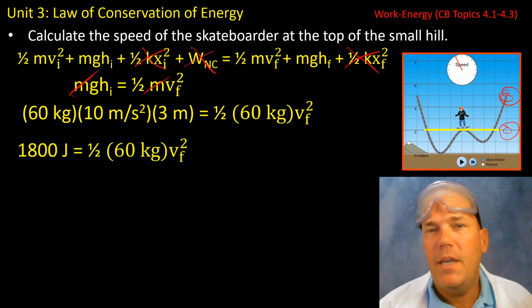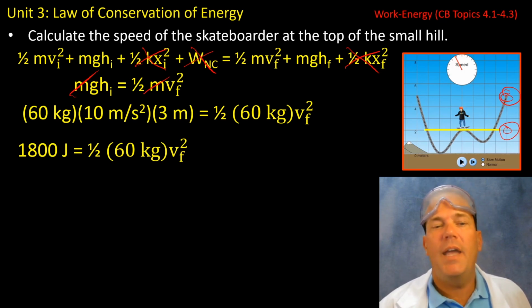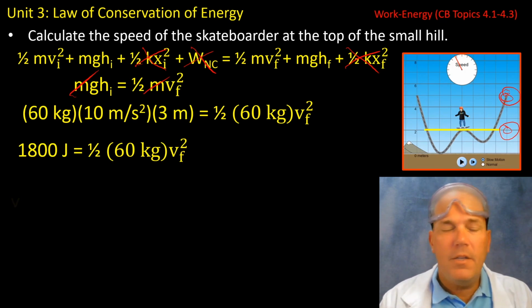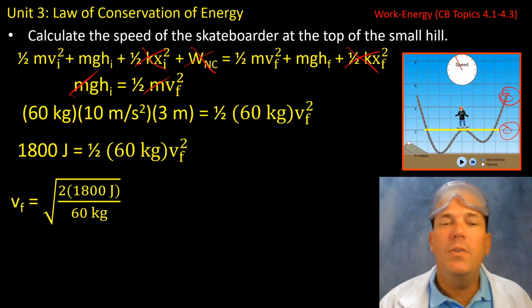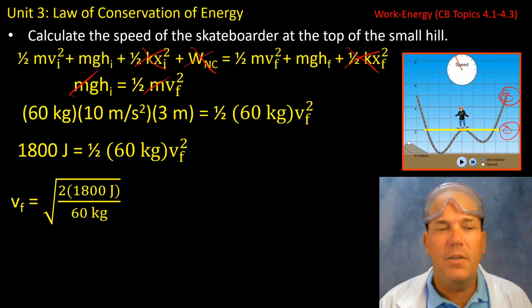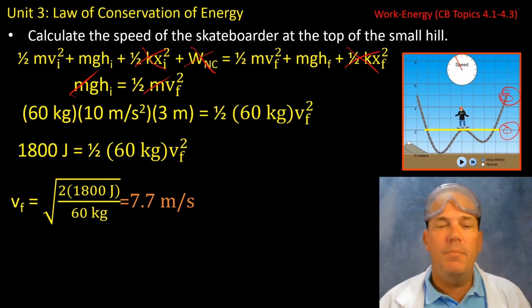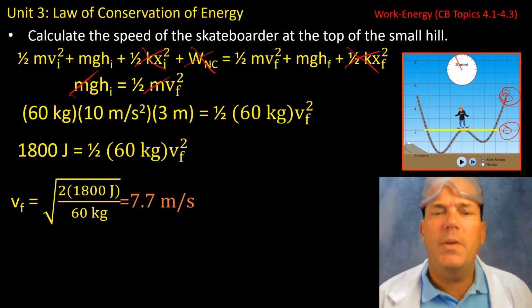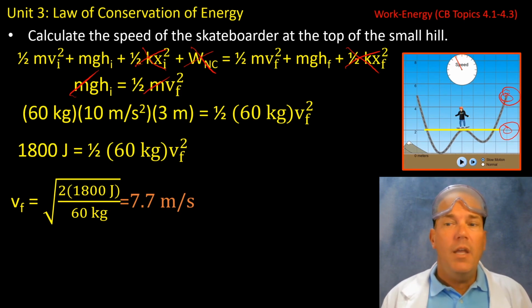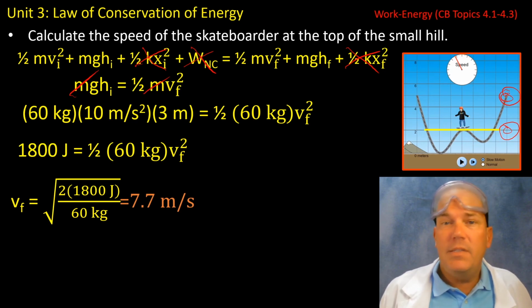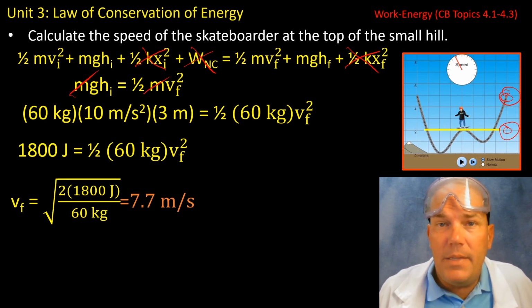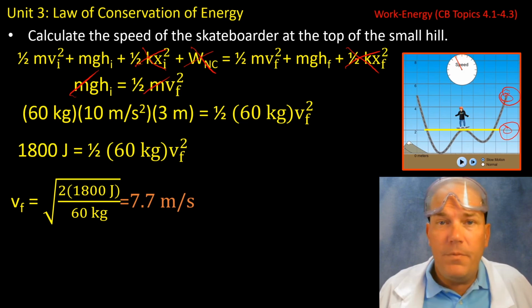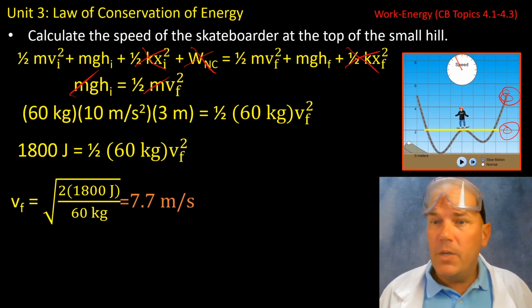We're left with 1,800 joules on the left side, and algebraically, if we multiply both sides by 2, take the square root and divide by 60 kilograms, we find our speed to be, once again, 7.7 meters per second, which makes sense because the skateboarder's change in height for this system with no friction was, again, 3 meters.